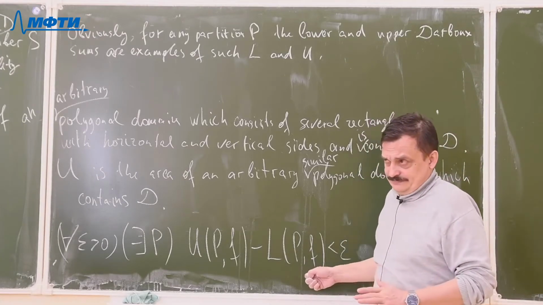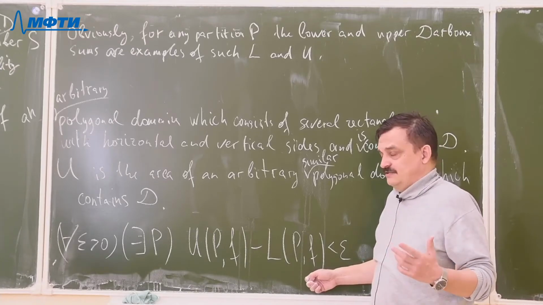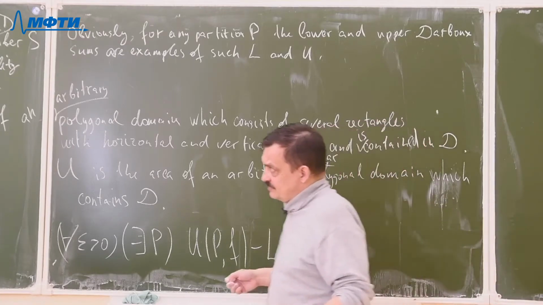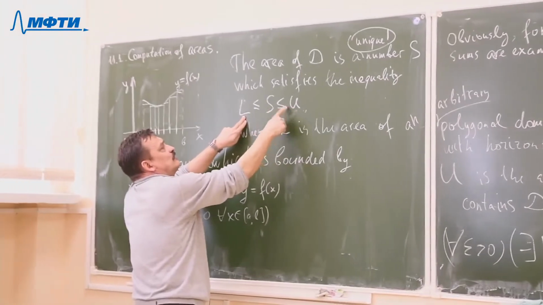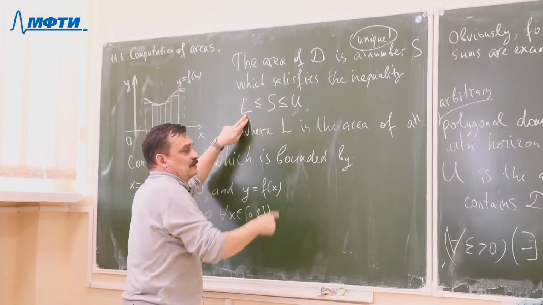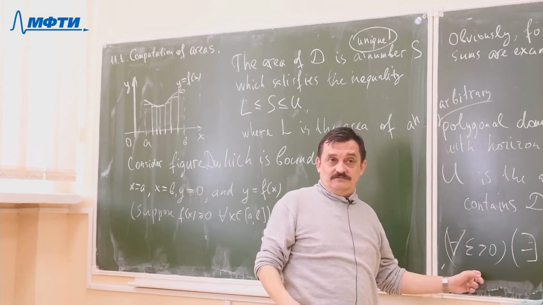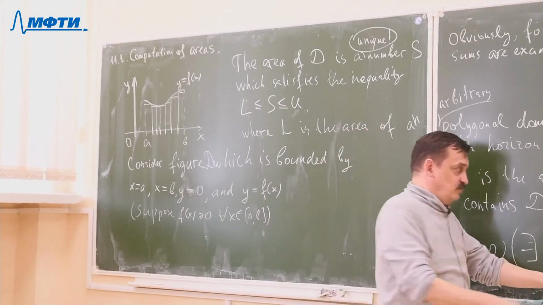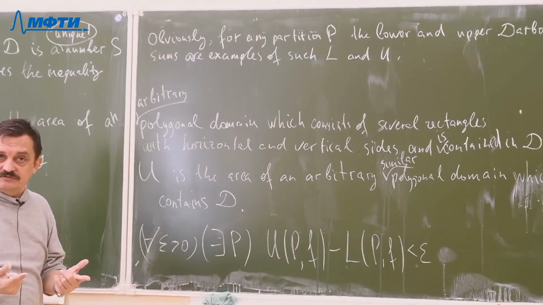Now look, if a function is integrable, then what happens? It means that we can find such polygonal domains that the difference between those numbers U and L is as small as we want, right? So you see, U minus L will be as small as we want.